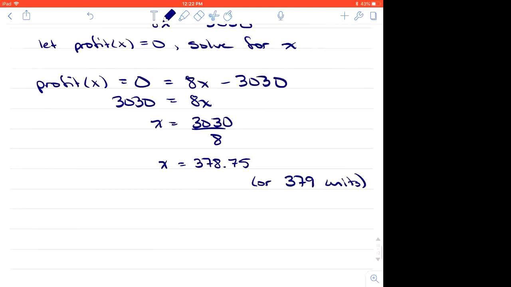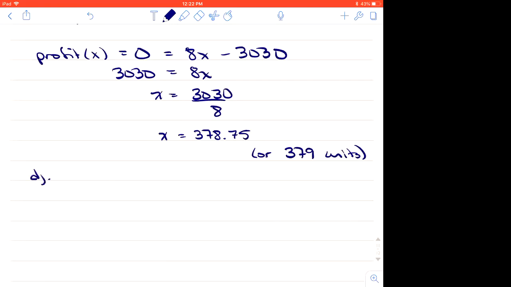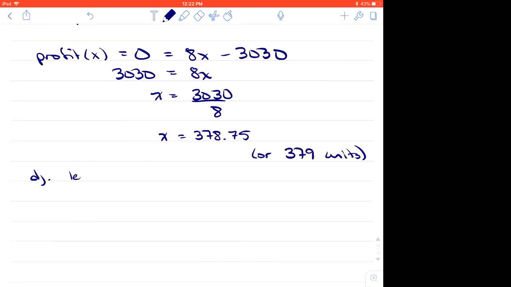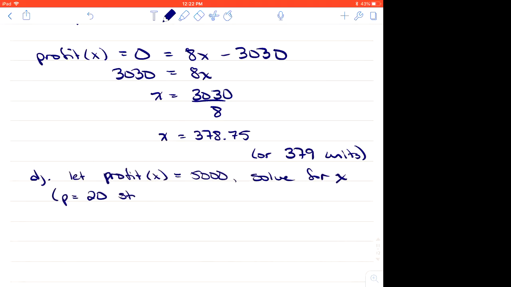So part D, let profit of X be 5,000. Solve for X. P equals 20 still.